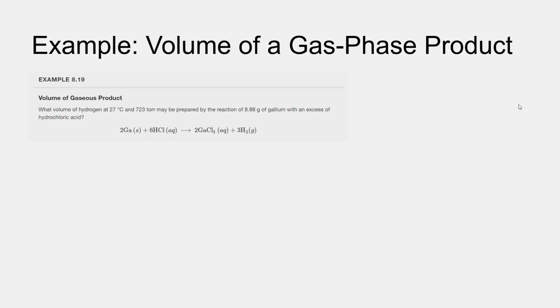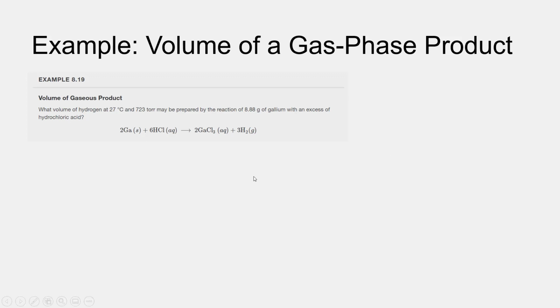The question setup is this. For the balanced chemical equation below, 2 moles of solid gallium, a close cousin of the element aluminum, react with 6 moles of aqueous hydrochloric acid in water. This makes 2 moles of the aqueous salt gallium chloride, which is water soluble, and then 3 moles of hydrogen gas, H2.